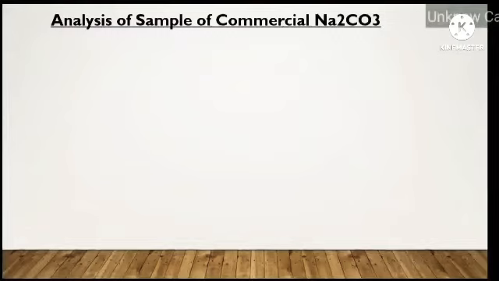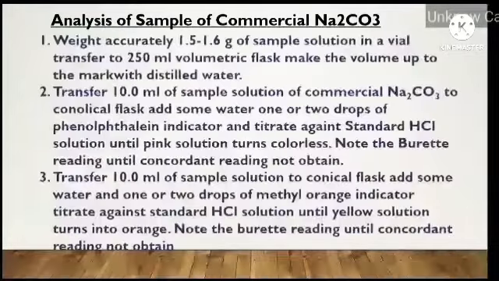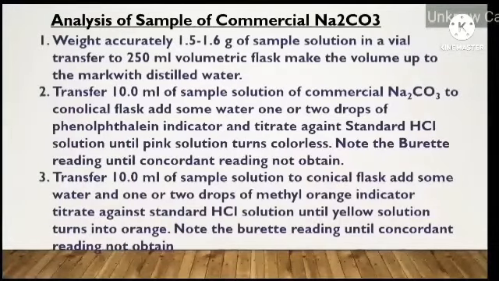Analysis of sample of commercial sodium carbonate. Weigh accurately 1.5 to 1.6 grams of sample in a vial. Transfer to a 250 ml volumetric flask. Make the volume up to the mark with distilled water.